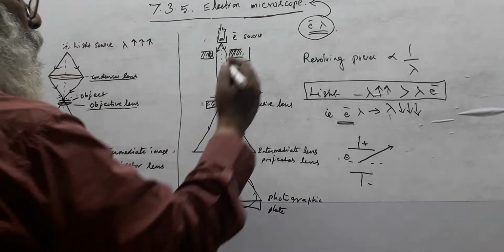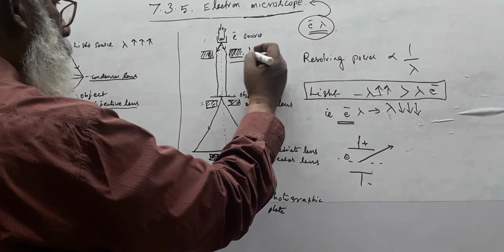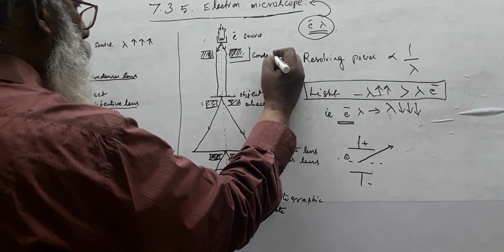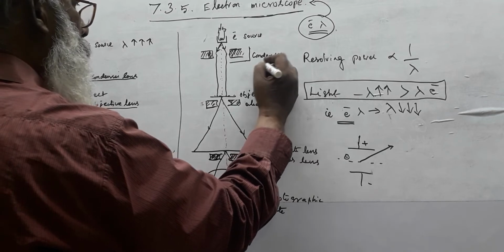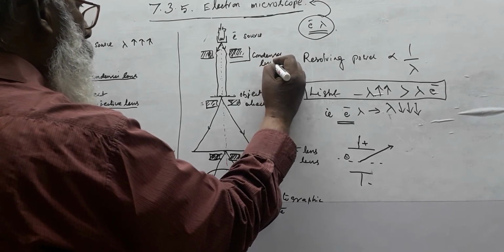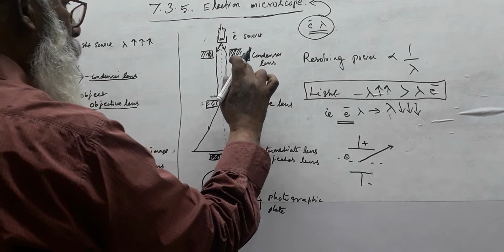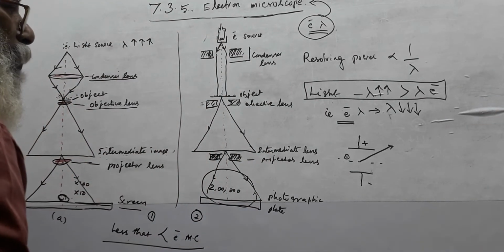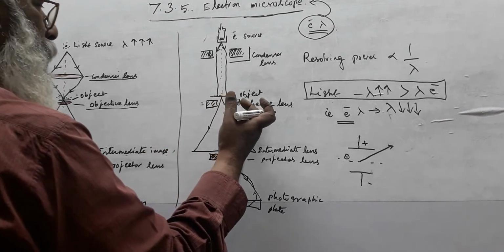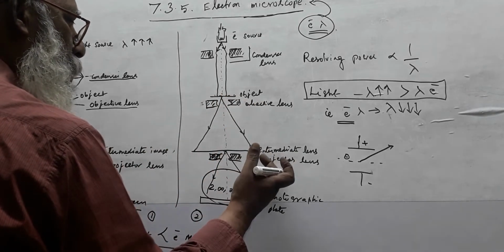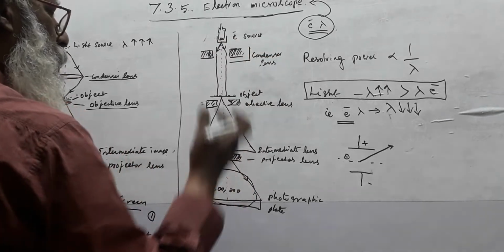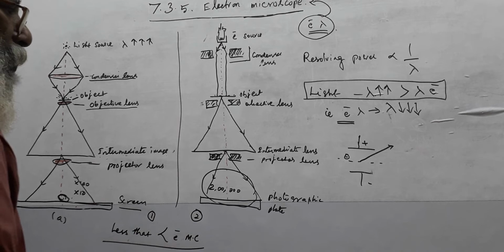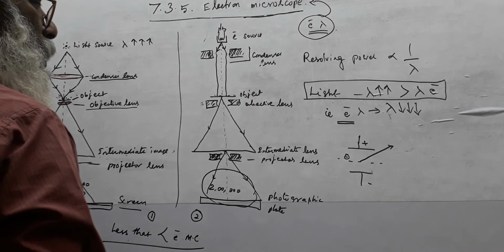This is called the condenser lens, using an electric field or magnetic field. In the same manner, the objective lens and projector lens are also made up of electric field or magnetic field lenses.